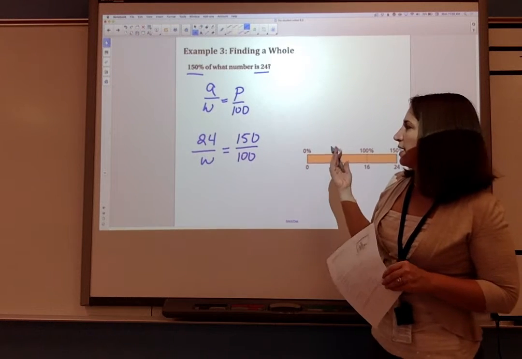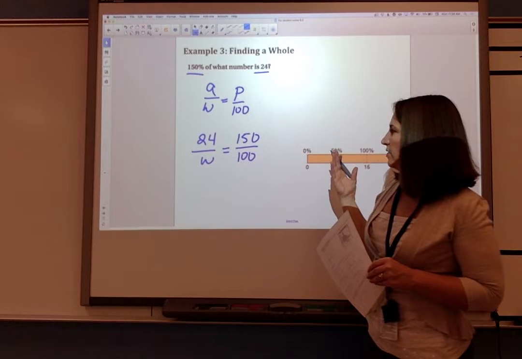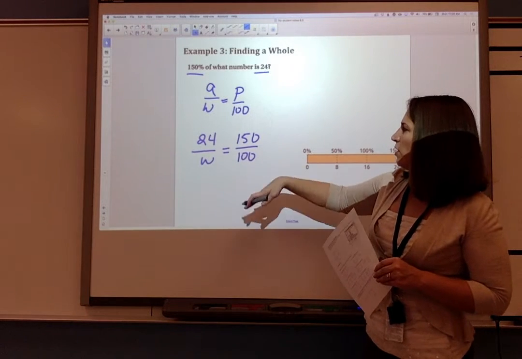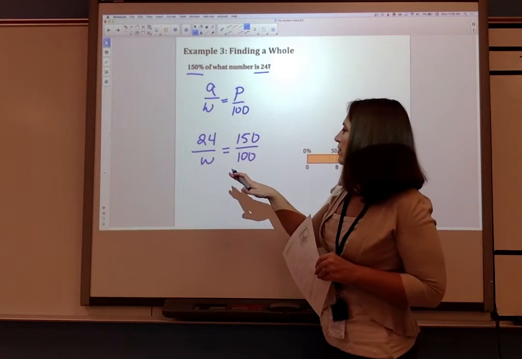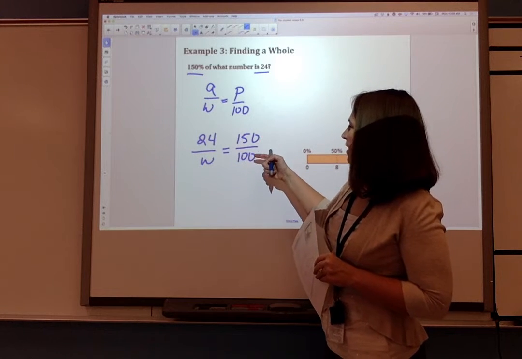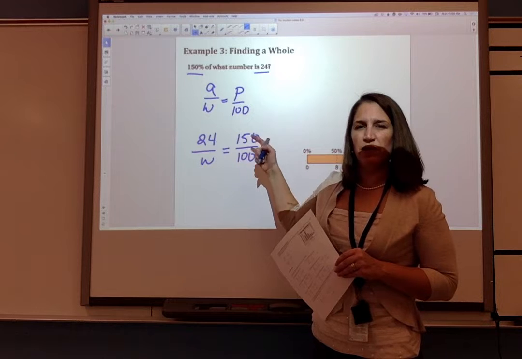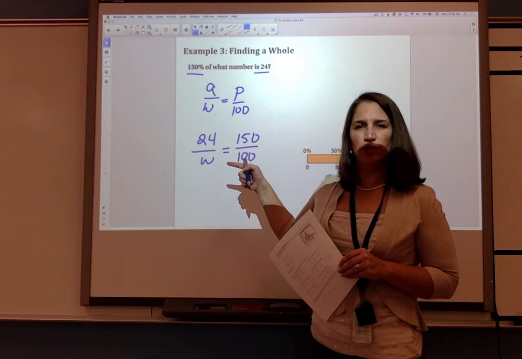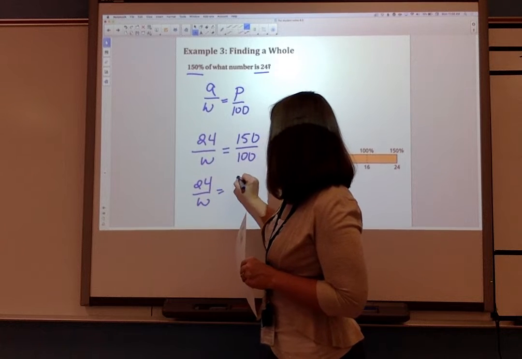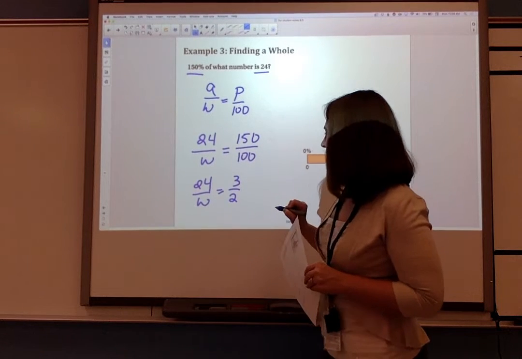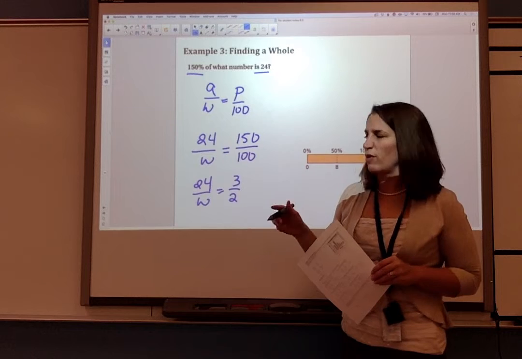Okay, so again, we can solve this in a variety of ways. I think I'll reduce the ratio 150 over 100 this time and say 50 goes into 150 3 times and into 100 2 times. So I'm going to rewrite this as 24 over W equals 3 over 2. And then I'll go ahead and solve it with cross products.